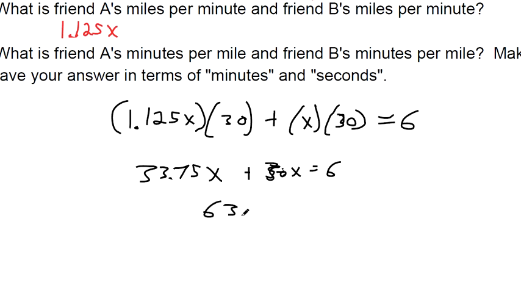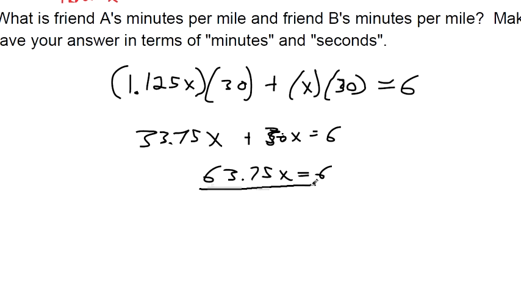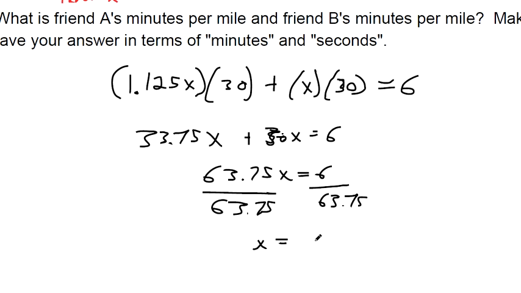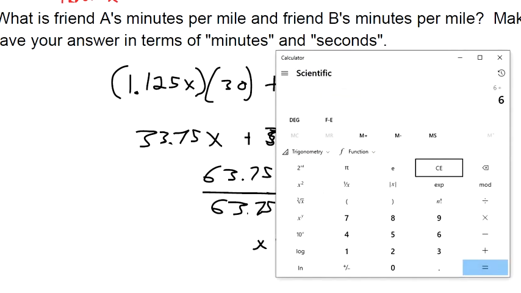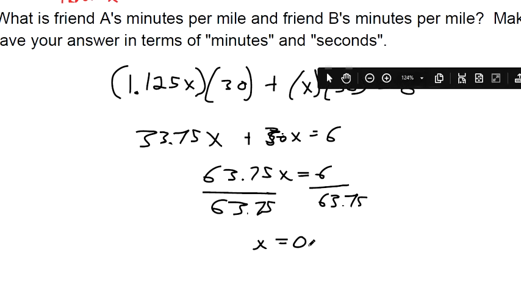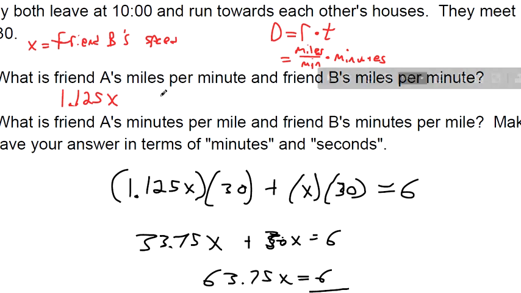It makes 63.75x. And then we can divide both sides by 63.75. So x is going to be 6 divided by 63.75. That's 0.094. We'll round.